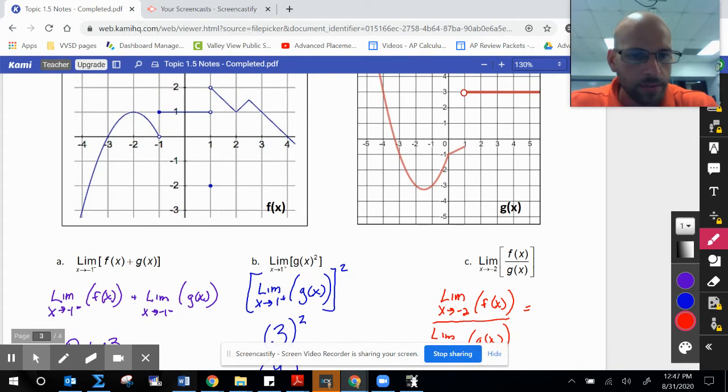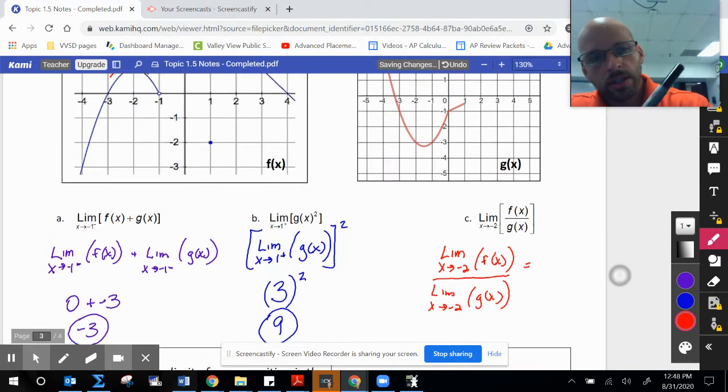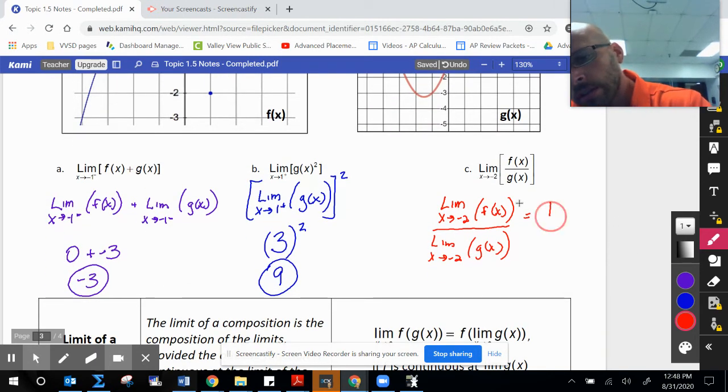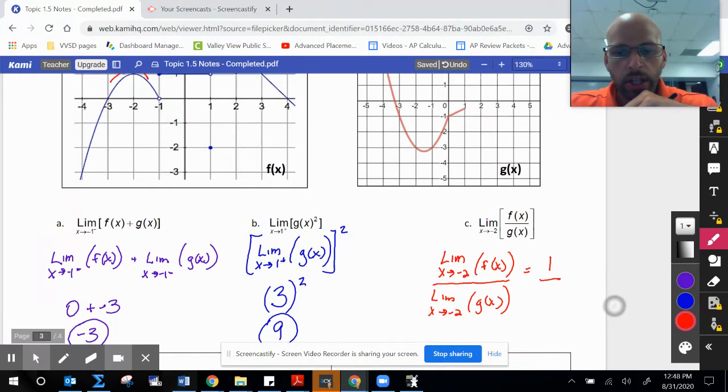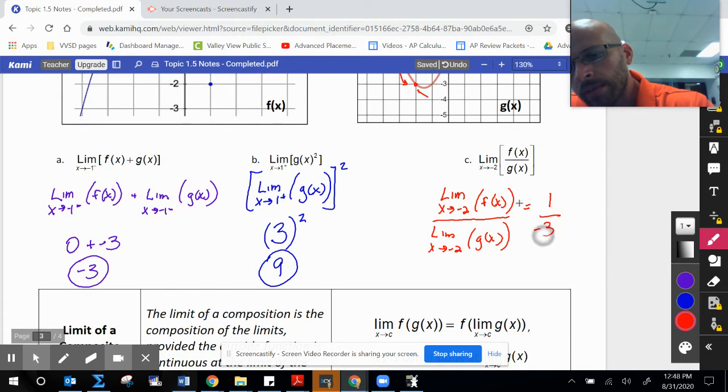If I check -2 for f, that's going to be the top of this little quadratic here. So that's going to be at a value of 1. And then if I check g of x at -2, that's going to be at a value of -3.